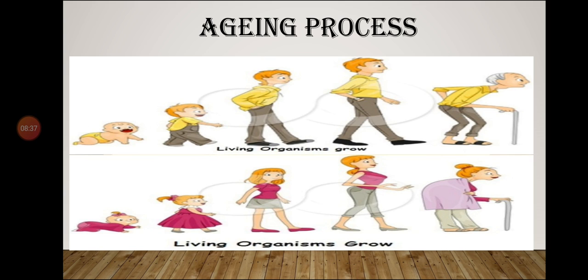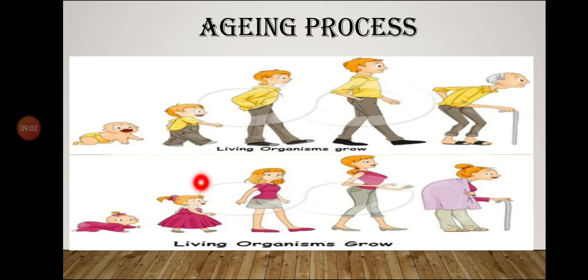Next is the aging process. You can see in this diagram, the image is very clear. Initially a small child is shown, then the child grows, becomes a small boy, then a young person, then a middle-aged person, and finally the person becomes old.